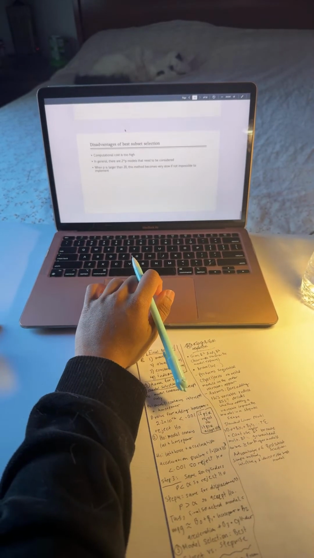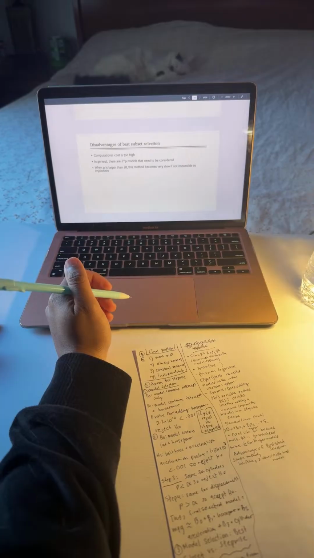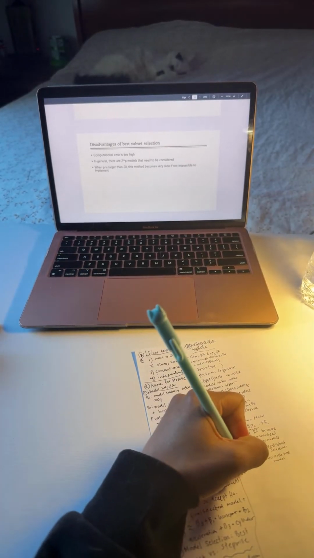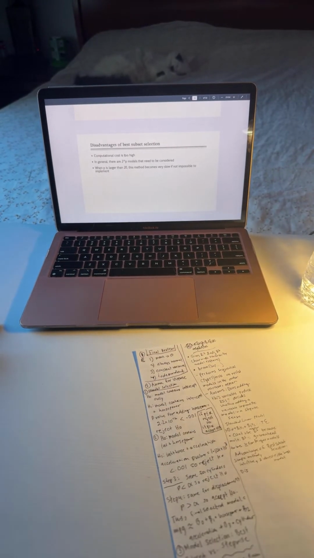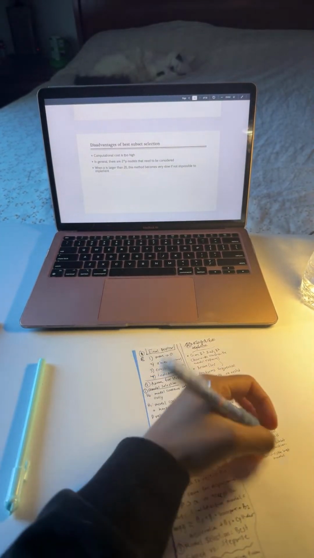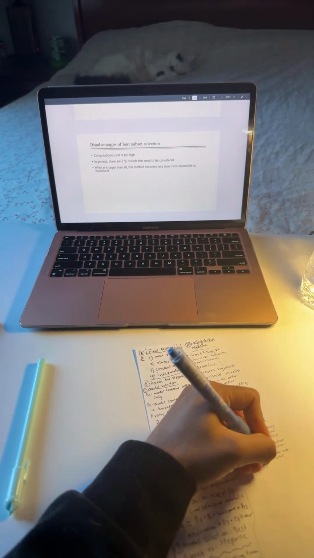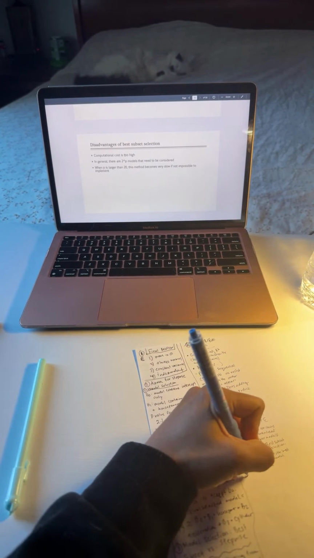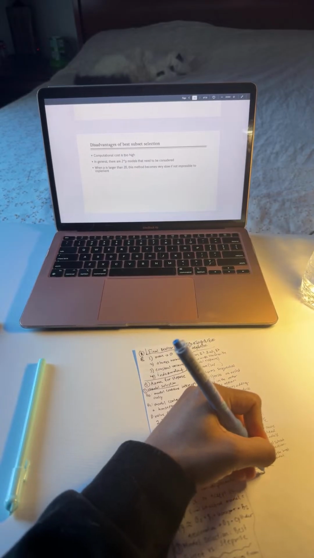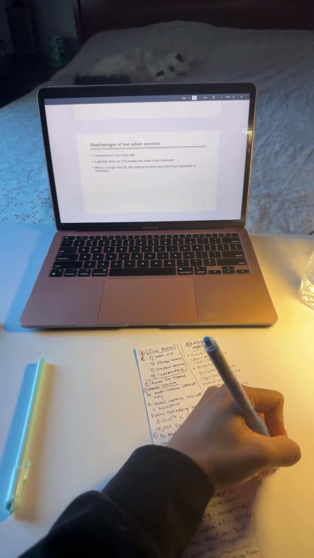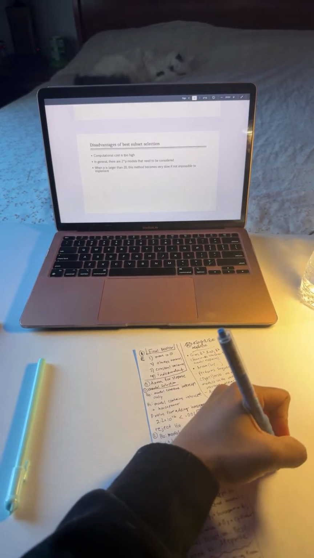Okay, and then the disadvantages: computation cost is too high. My pen is giving out now. Computation cost is too high.